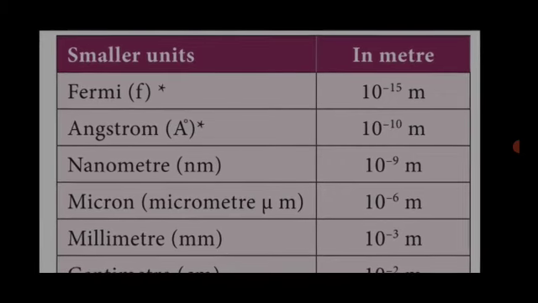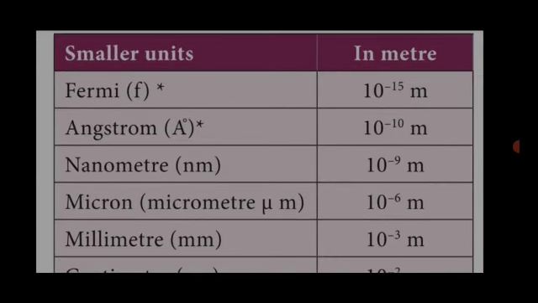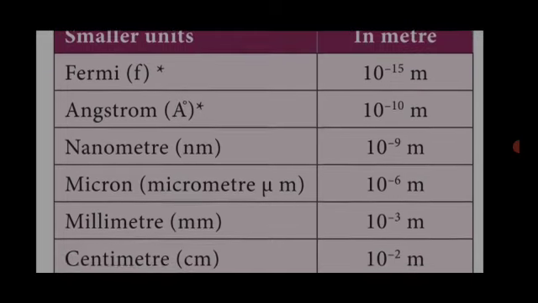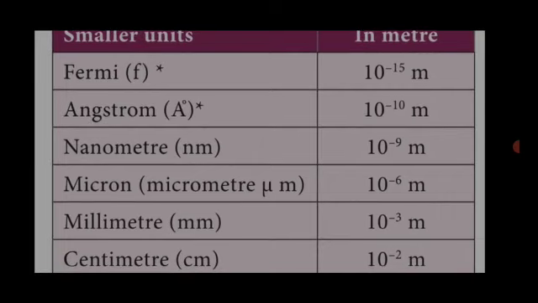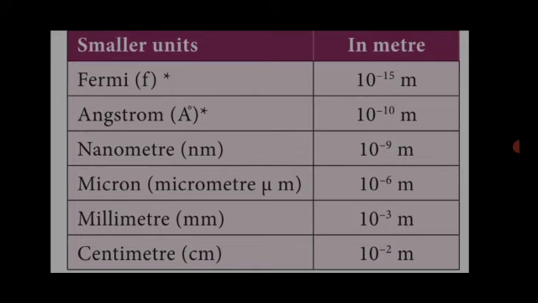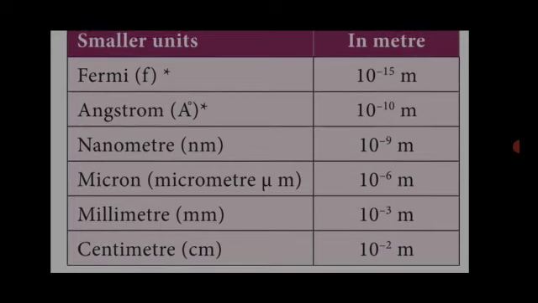The next smaller unit is nanometer, represented as nm. Nanometer value is 10^-9 meter. Next one is micron, that is micrometer, mu. Micron value in meter is 10^-6 meter. Next one is millimeter, mm.